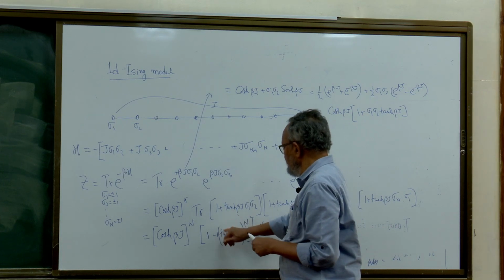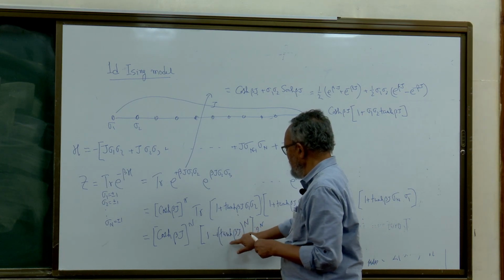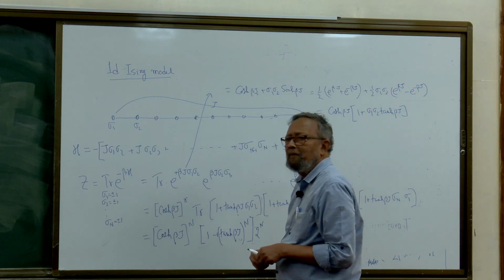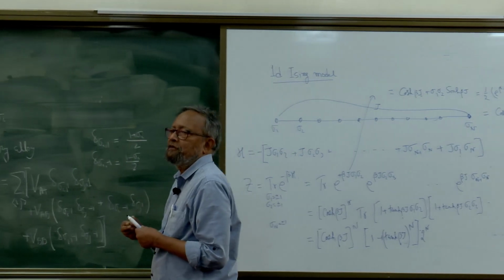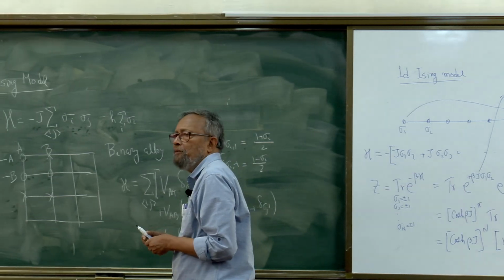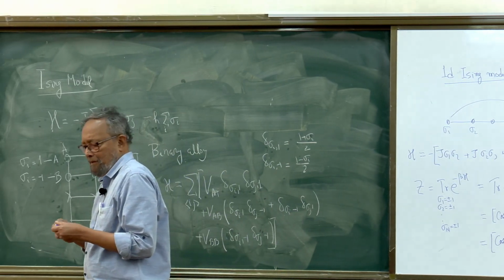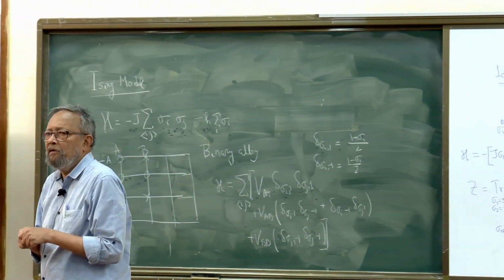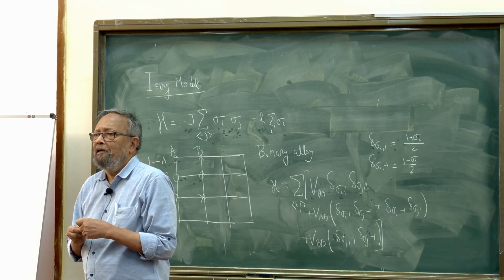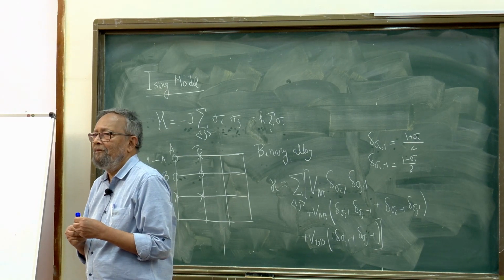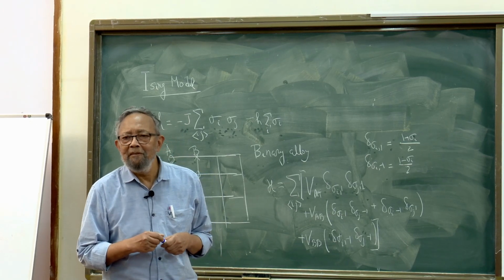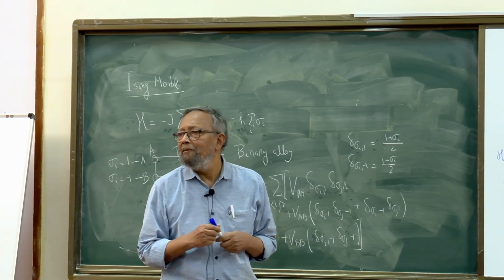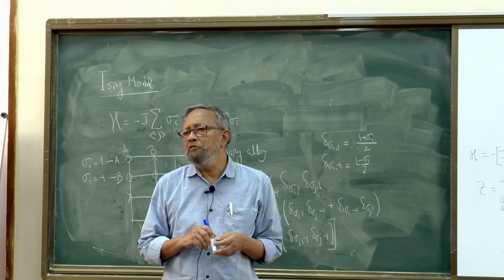But for large n, what is the value of this quantity? Hyperbolic tangent of some positive number. Is it something which is bigger than 1, smaller than 1? Maximum value is 1.